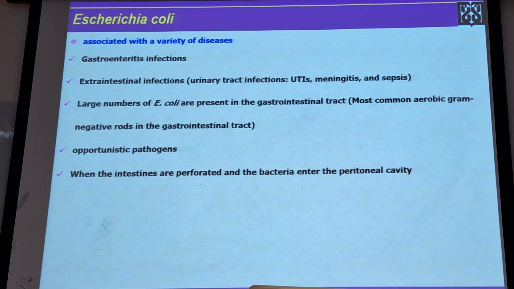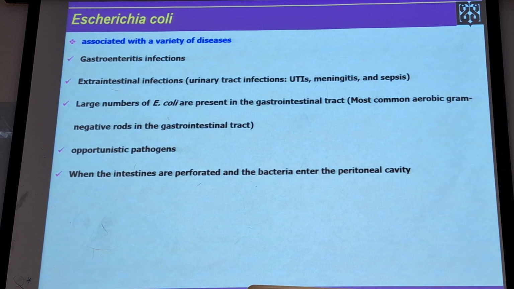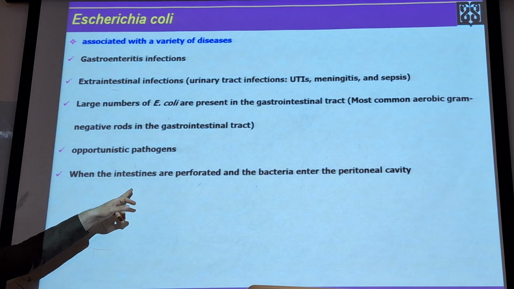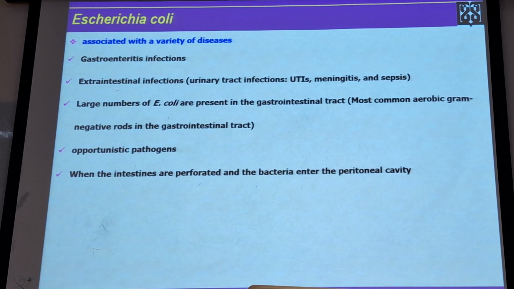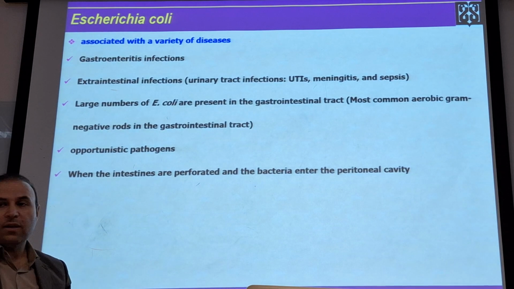A large number of E. coli are found in the gastrointestinal tract, but it can be an opportunistic pathogen when the intestines are perforated and the bacteria enter the peritoneal cavity.